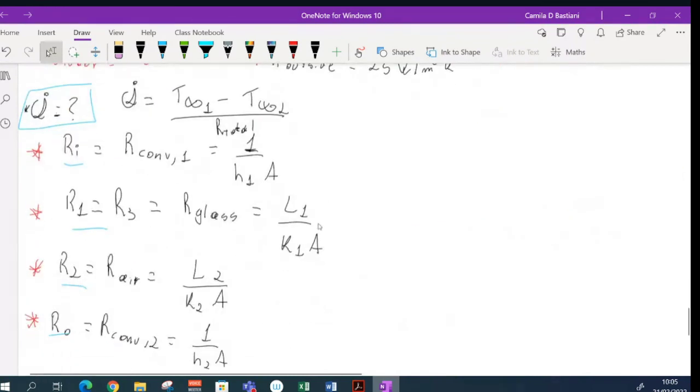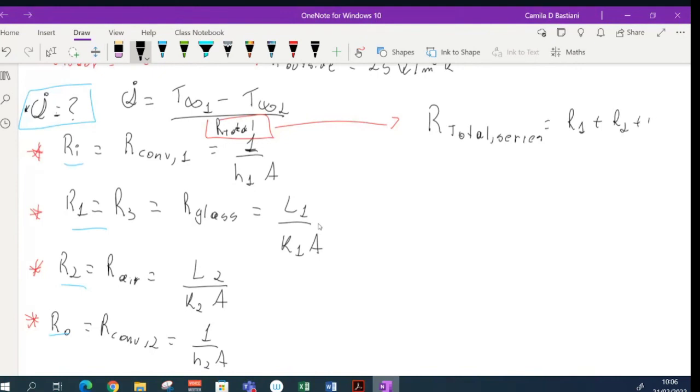If I have a system with resistances in series, my total resistance is going to be the sum of all the resistances: resistance 1 plus resistance 2 plus resistance 3 and so on. Okay? This is what we need to know to solve this problem.